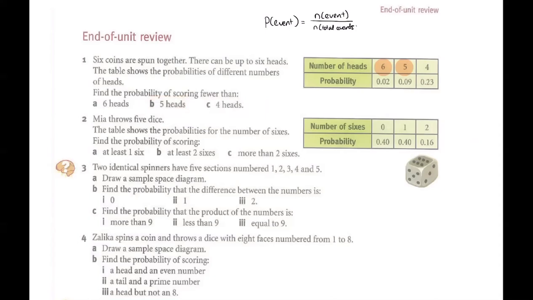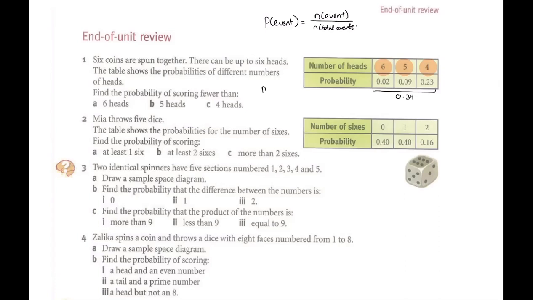And the last one is less than 4 heads. It cannot be 6, cannot be 5, and cannot be 4. So just join all of this together, 0.34. You might think, hey, there are other probabilities other than this. Yes, it doesn't mean that the table will show you everything. It will show you part of it.